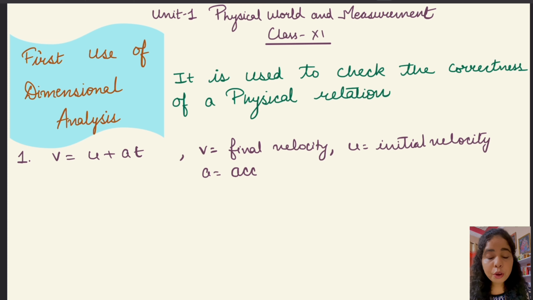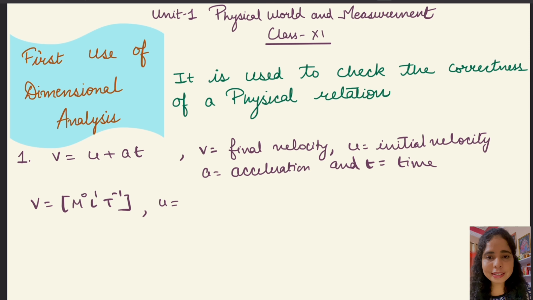So we can write the dimensional formulas of these physical quantities. We have to learn these notations, what these various symbols represent, in order to write the dimensional formulas. First of all, the dimensional formula for final velocity, because it is velocity, is written as M0 L1 T minus 1.